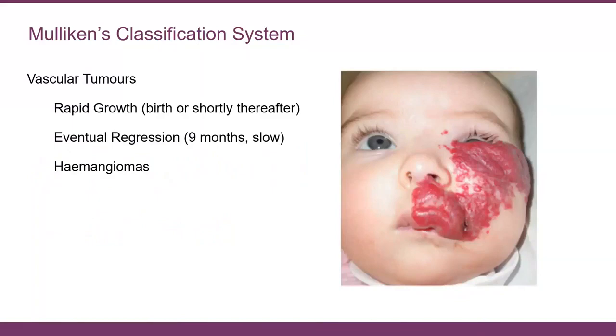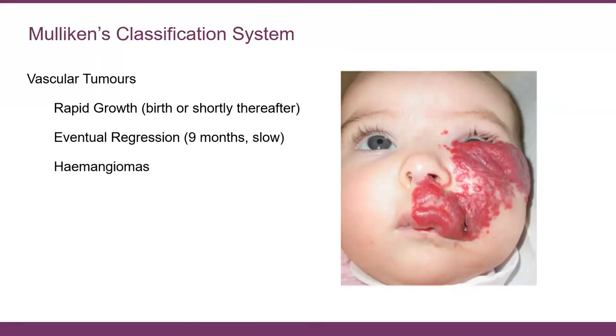You can have vascular tumors. These tend to be rapid growing. They can be present at birth or very shortly after birth. And in many cases, you will see these regress from probably 9 months onwards from birth.